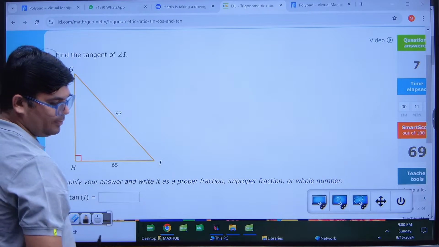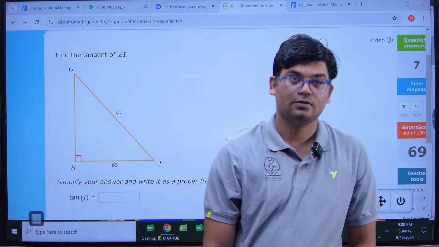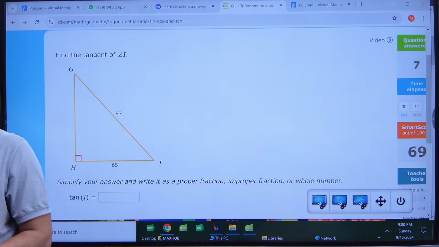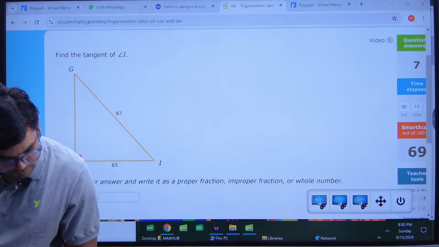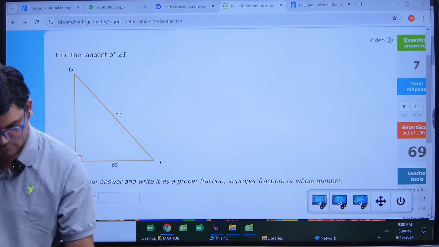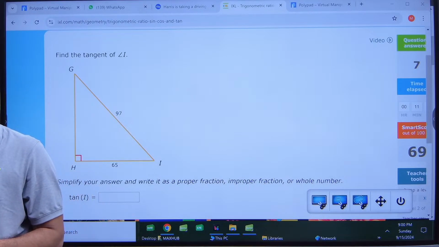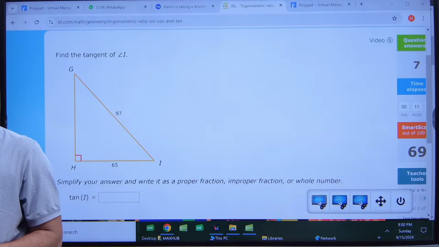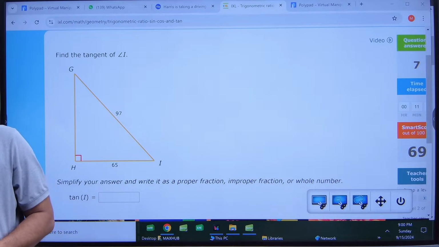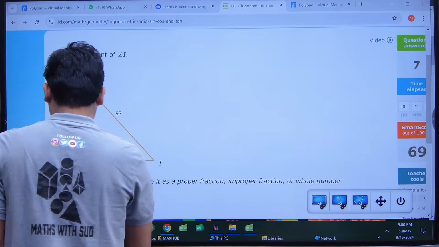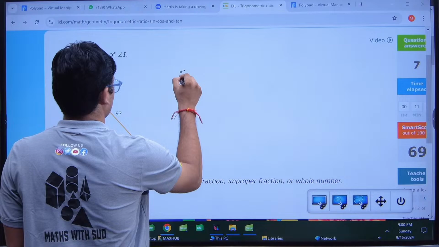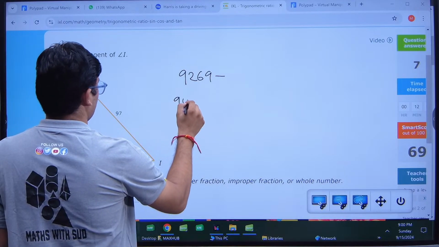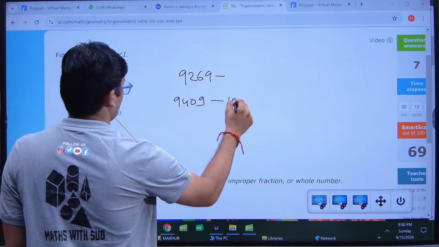Tell me what is 97 square? It is 9,409. Minus 65 square, which is 4225.